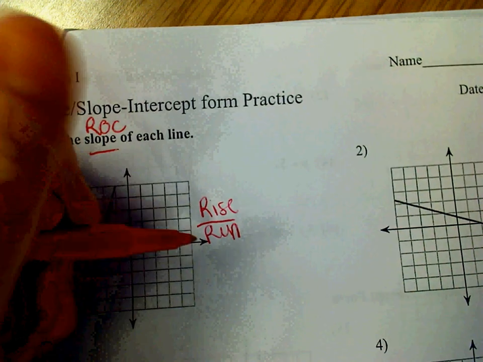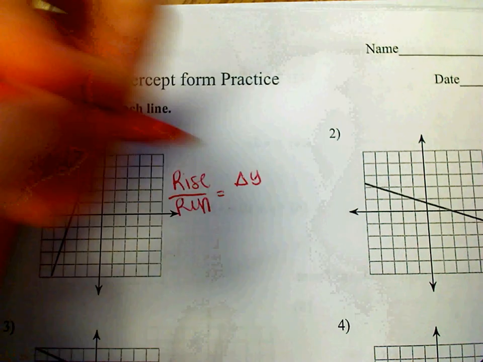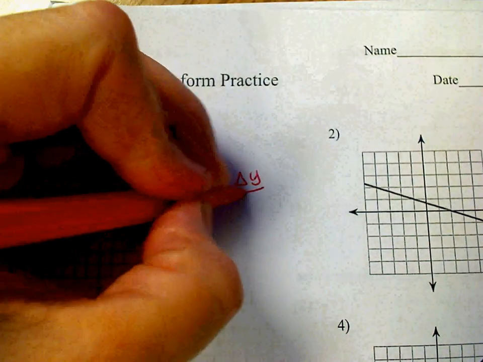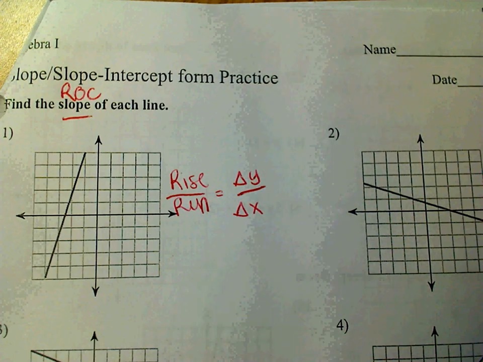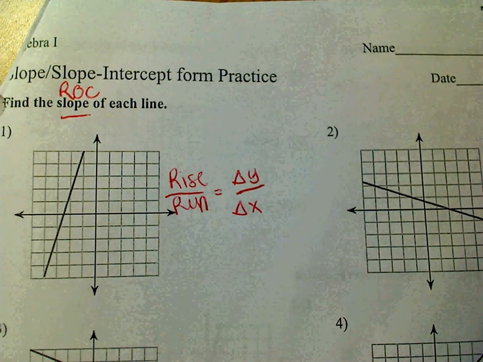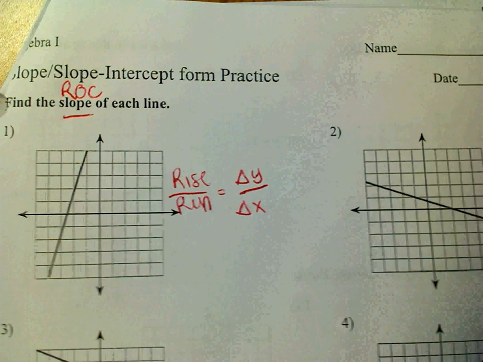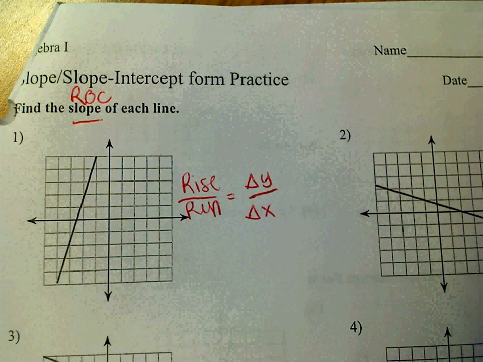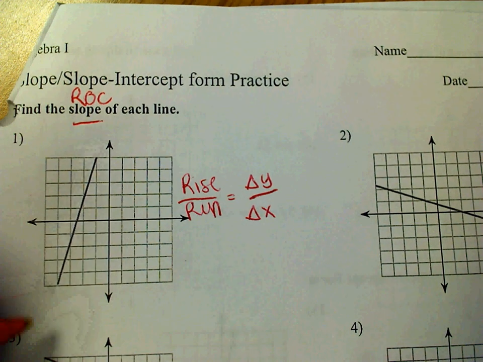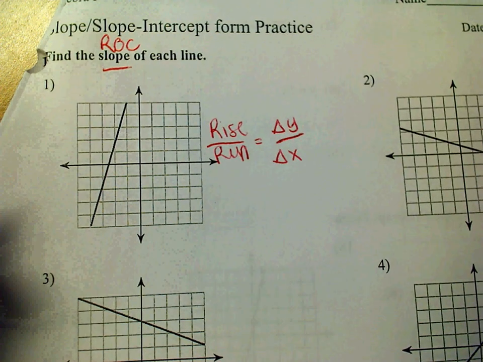The rise is the change in y, or the vertical movement, over the run, which is the change in x, or the horizontal movement. So it's a ratio showing how 2 variables change in relation to one another, and we just put the numbers in a fraction. What you need to do first is pick 2 points on the line.